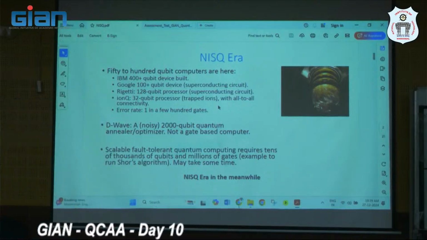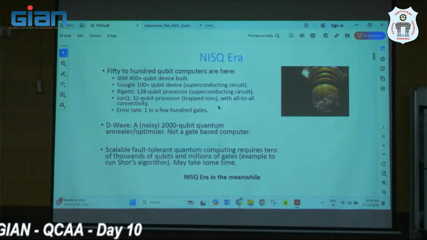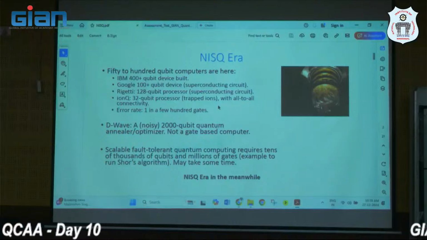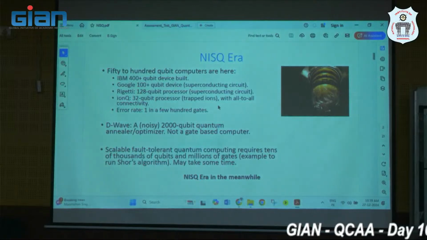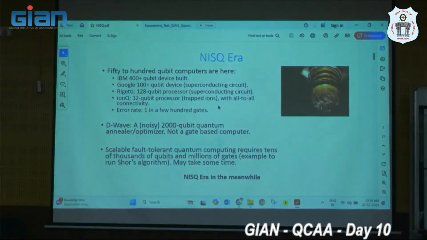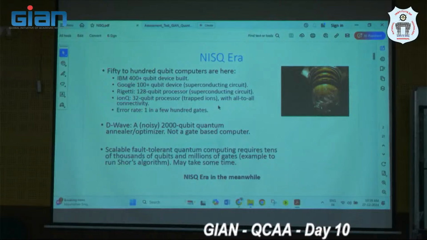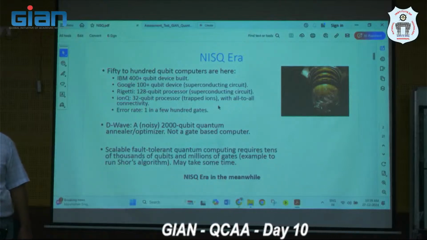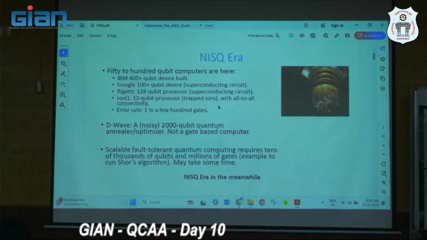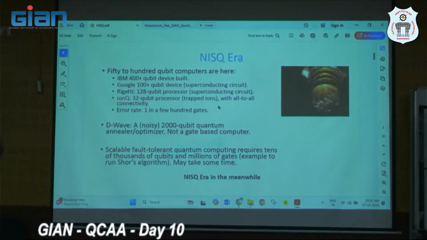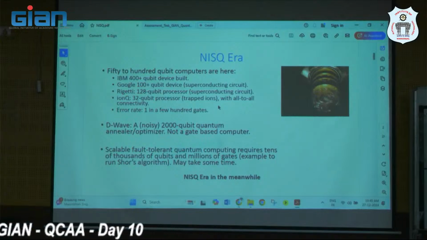So that is the threshold delta. Now Google claims that for the first time in the Willow chip, they have managed to go below that threshold. That means now they have the potential of actually implementing the error correcting codes, okay? Once you have error correcting codes, then you have the hope of building larger and larger scalable, fault tolerant quantum computers.